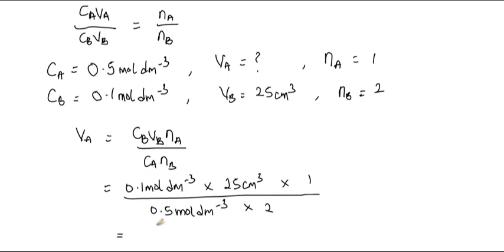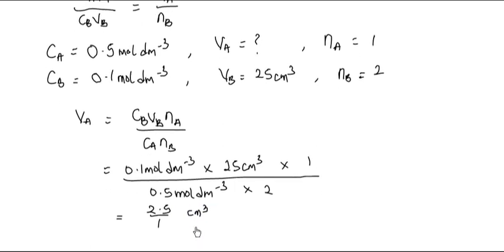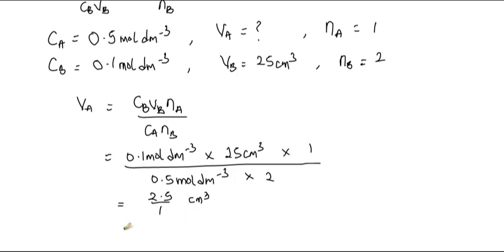So this gives us 2.5 over 1 and the unit cm³, which is equal to 2.5 cm³. So we've gotten the volume of the acid used to be 2.5 cm³.